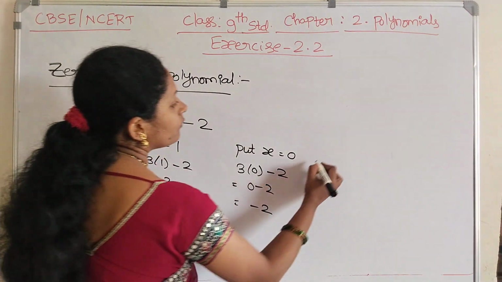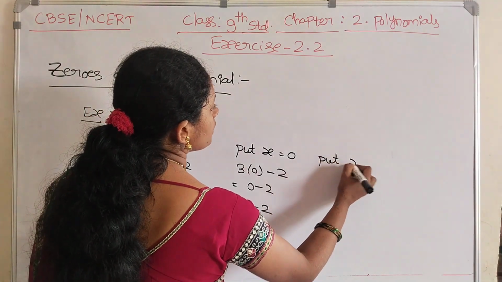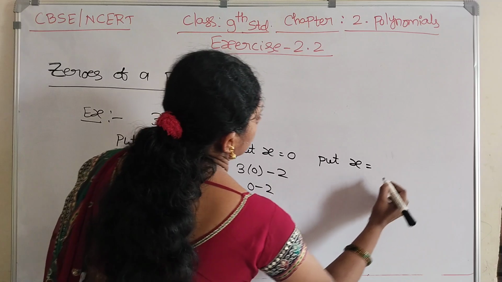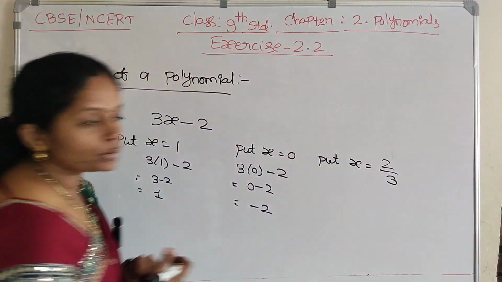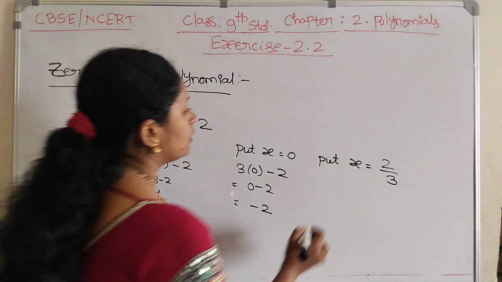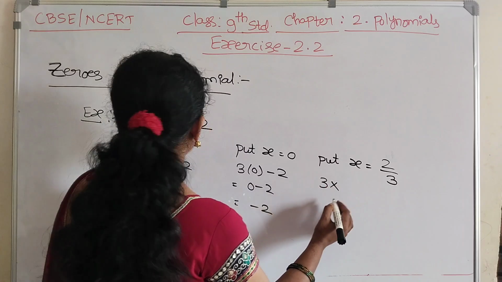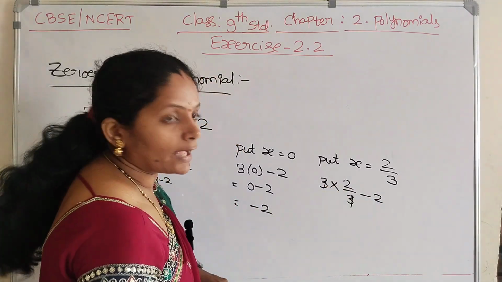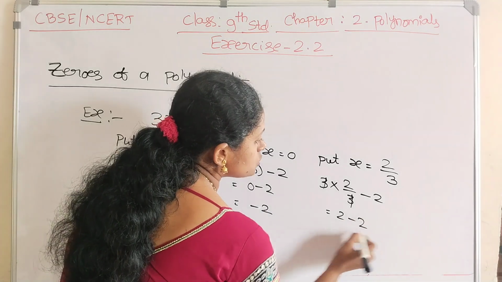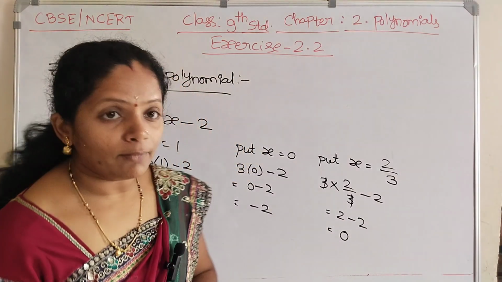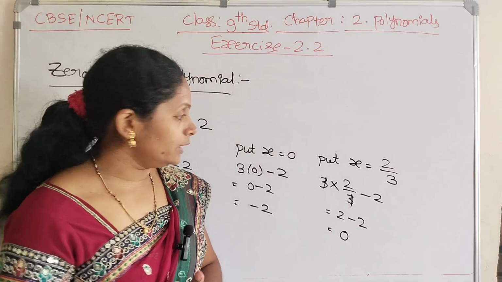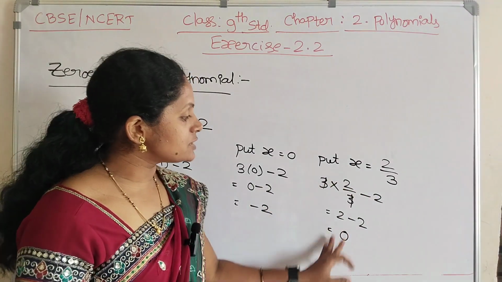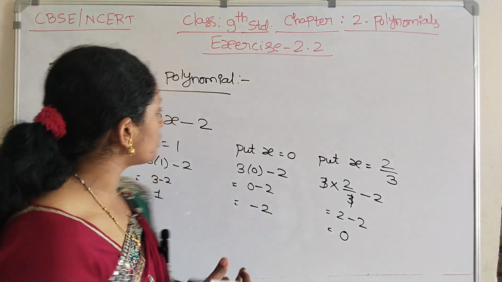Next, if we put x is equal to 2 by 3, then 3 into 2 by 3 minus 2. Here 3 gets cancelled. 2 minus 2 will be there. We are getting 0 here. Means the value at which the polynomial becomes 0 is called the zero of this polynomial.